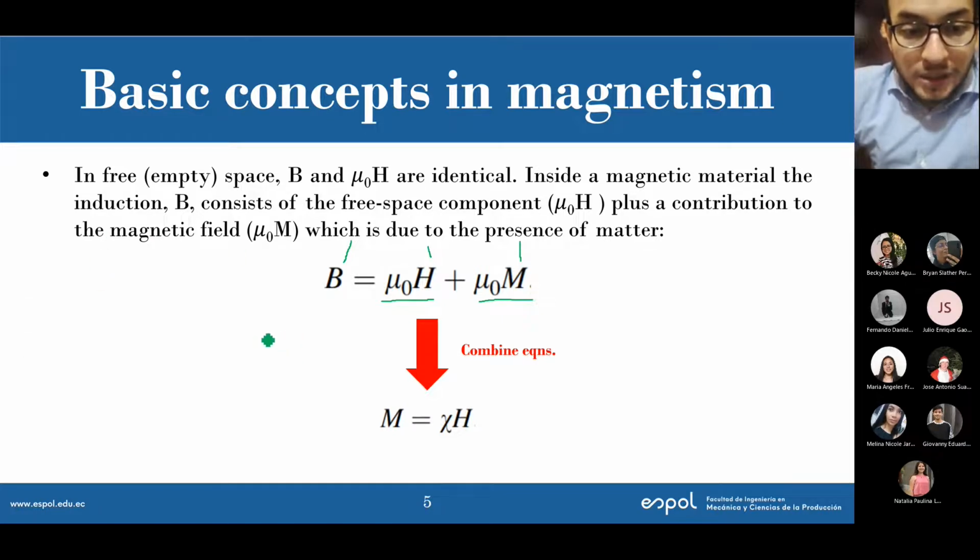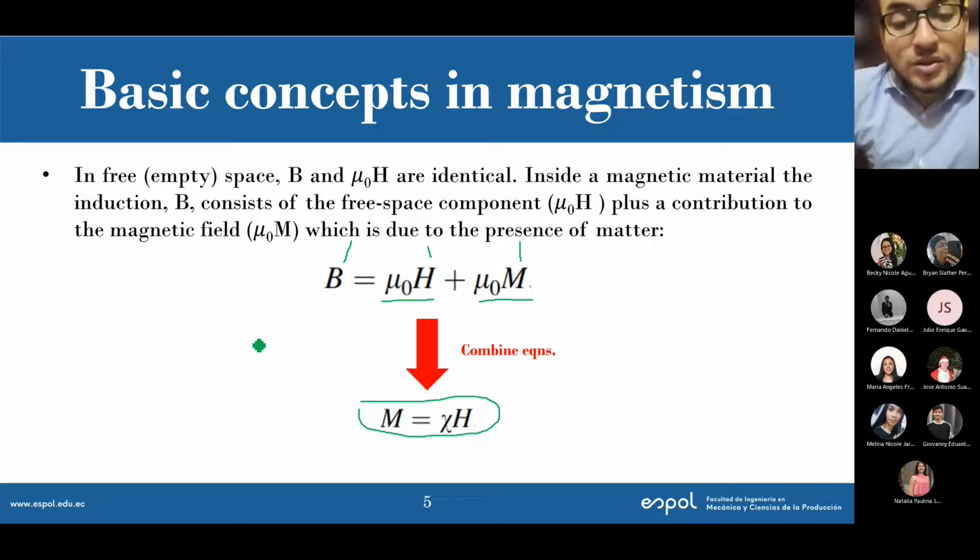M, the magnetization, equals chi times H, so the magnetization is directly proportional to the field strength and the susceptibility.